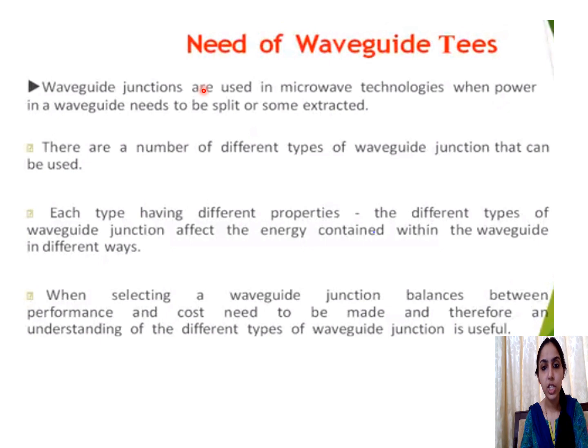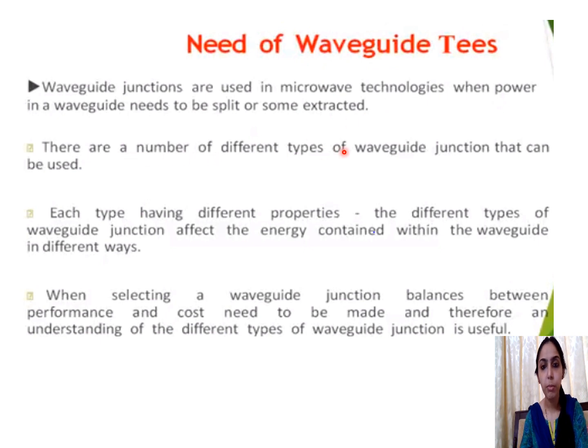The waveguide junctions are used in microwave technologies when power in a waveguide needs to be split or some extracted. Obviously you can imagine that in whichever application we are using, there may be a need of, say, extracting a particular input signal or splitting of a signal. So in such cases we require waveguide junctions in microwave technologies.